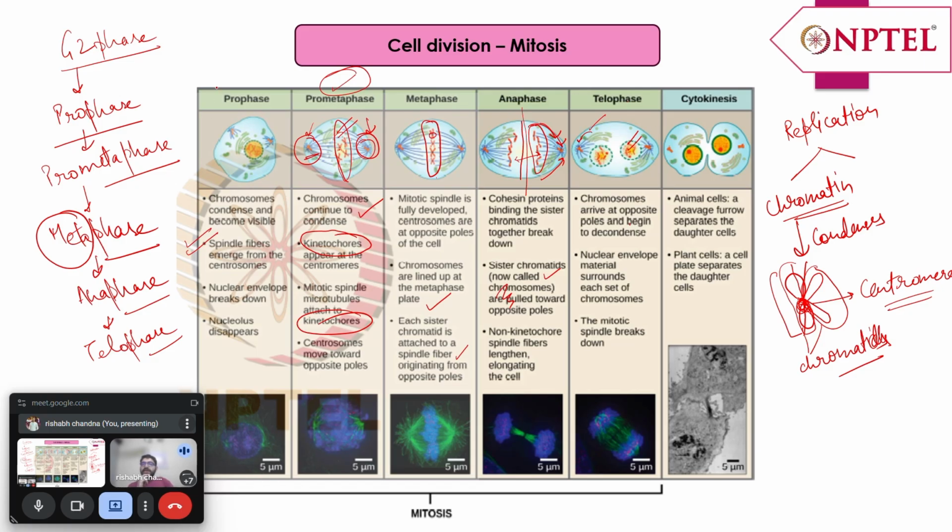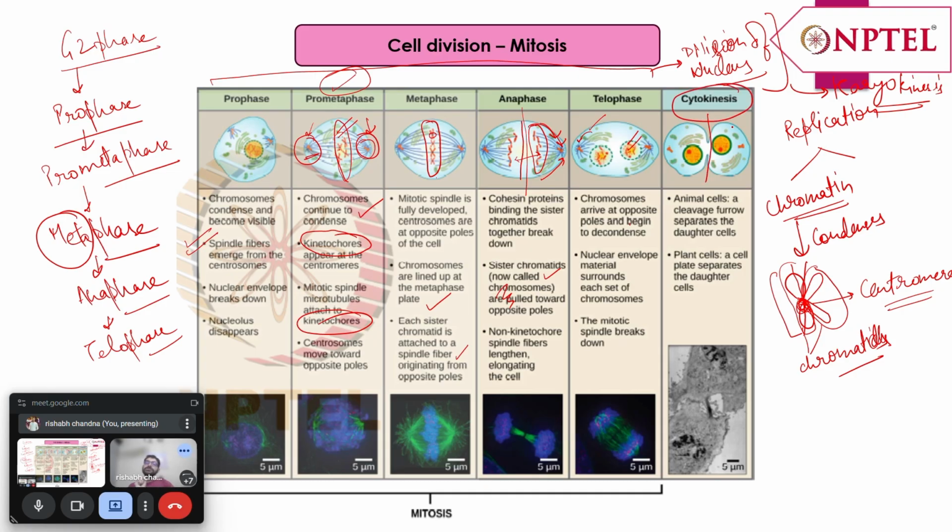Till now, we have seen the phases of the division of the nucleus. This division of the nucleus is called karyokinesis. Now the last phase, the division of the cytoplasm, is called cytokinesis.